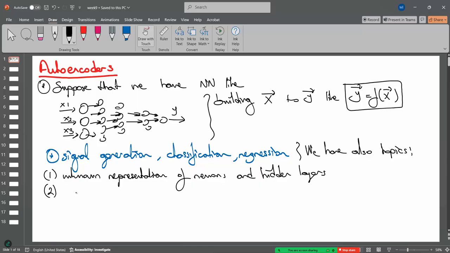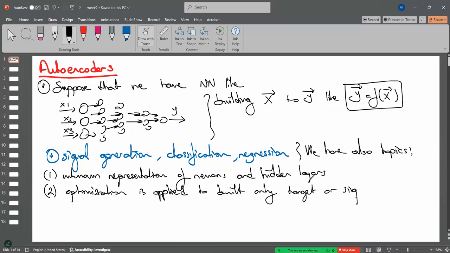And also in this case the optimization is applied to build only the target or signal.